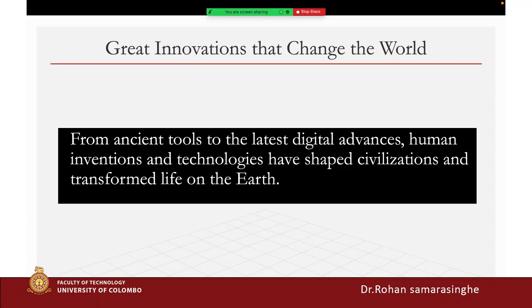When we consider the world, normally we can easily identify three eras: the agricultural era, the industrial era, and then we are now in the information era.